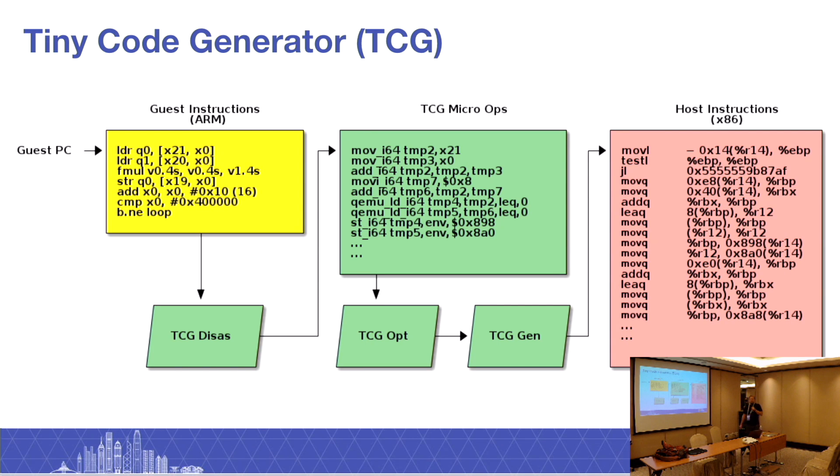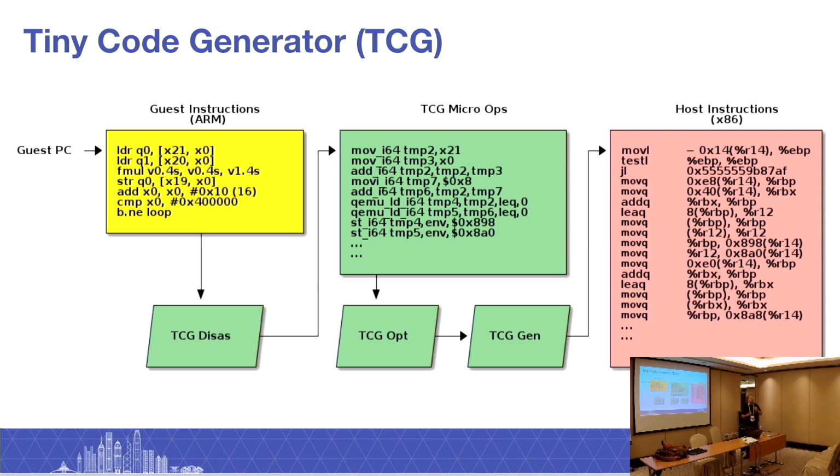So, just a quick review of how QEMU's TCG system emulation works. We start at a guest PC. We read in a set of guest instructions. For each instruction, we disassemble it and generate a bunch of these things called TCG ops.